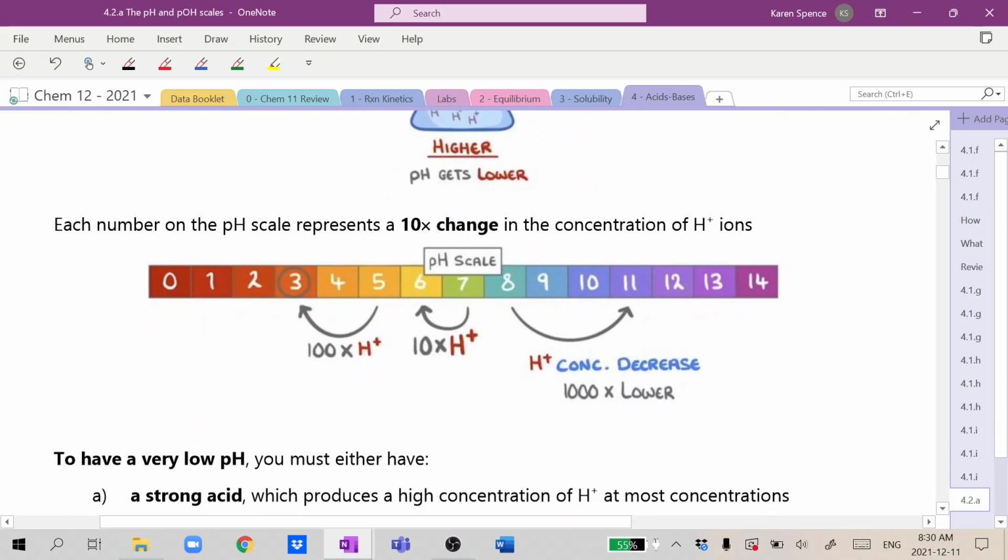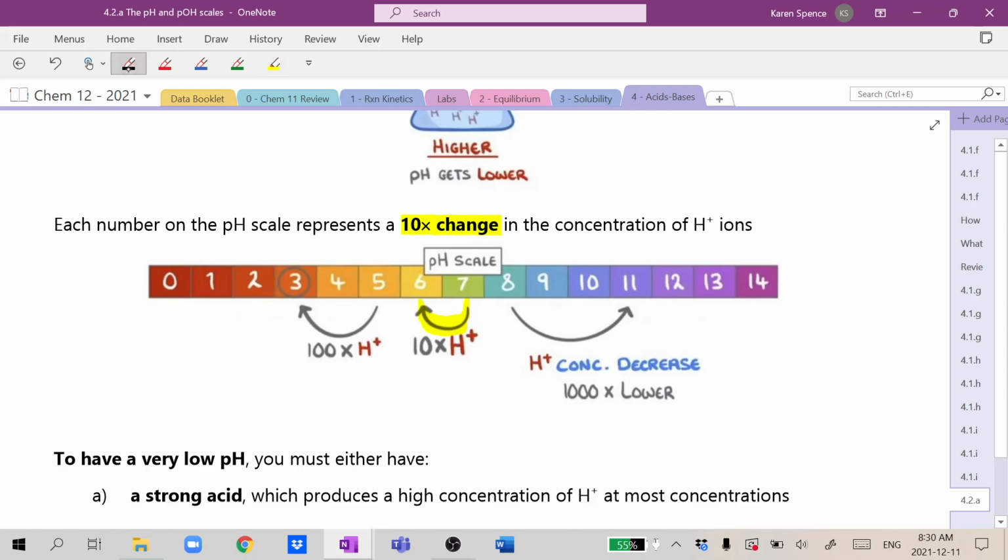The other thing that can be a little confusing about the pH scale is that 1 unit of change doesn't mean it's changing by an amount of 1. 1 unit of change actually represents a 10 times change. So let's say we were looking at this change here, which is going from pH 7 to pH 6.